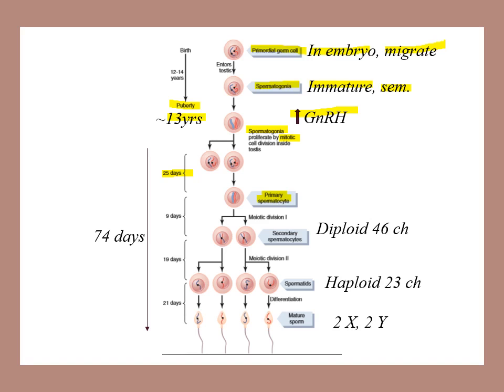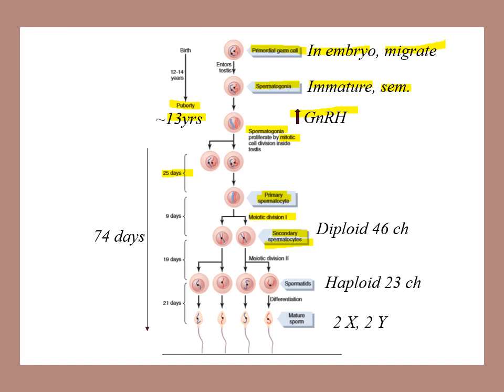These primary spermatocytes have the diploid genetic material, about 46 chromosomes, and will enter the first meiotic division and then give rise to secondary spermatocytes, which are also diploid. They have 46 chromosomes each.